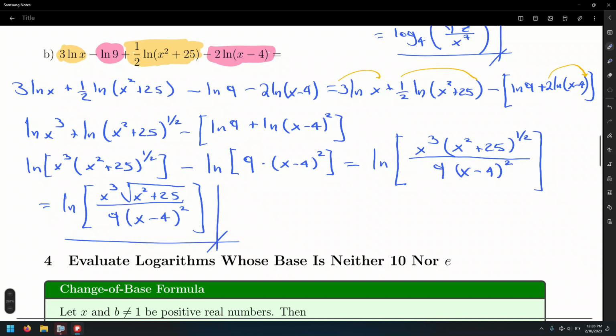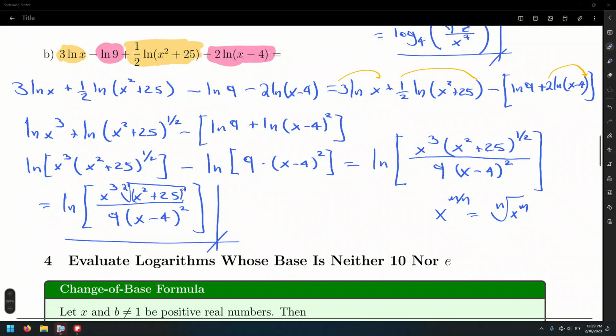So whenever we have a rational power, say, for example, x to the m over n, this is the same as saying the nth root of x to the m. Essentially, the denominator of the rational exponent tells us the index of the radical. So for example, in this case, a 1/2, it would have been something like this: this quantity raised to the first power, and the index is 2.